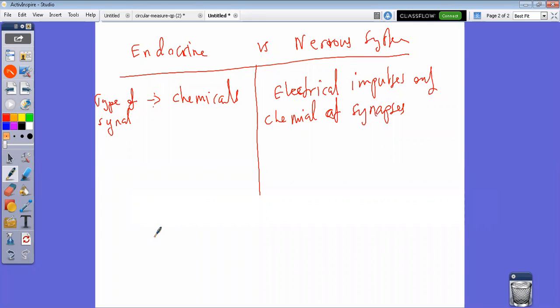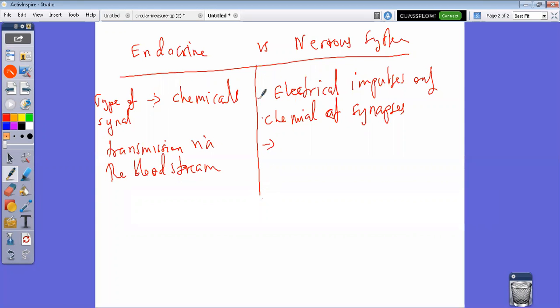Now, then mode of transport or media. Transmission here is via what? The blood. Do you agree? Transmission via bloodstream. Then the transmission is via what?